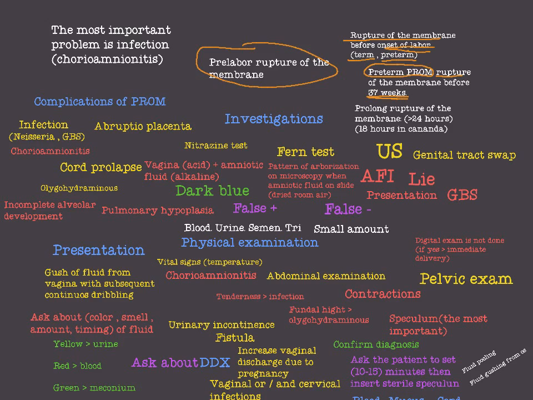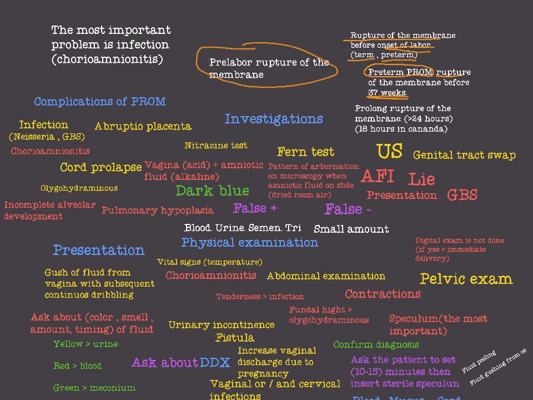In the past, some books used PROM as premature rupture of membrane, but nowadays the used concept is pre-labor rupture of membrane, not to be confused with preterm and term rupture of membrane.